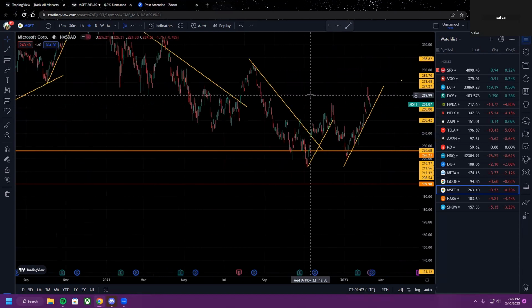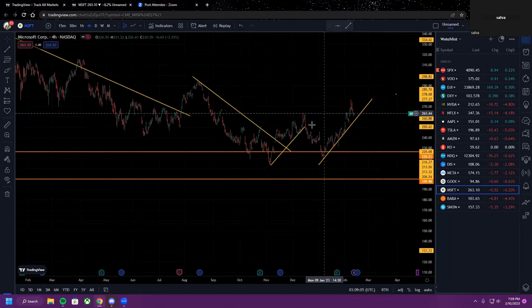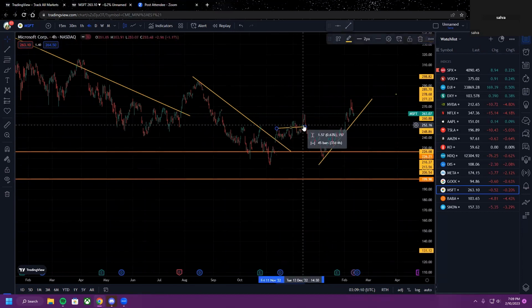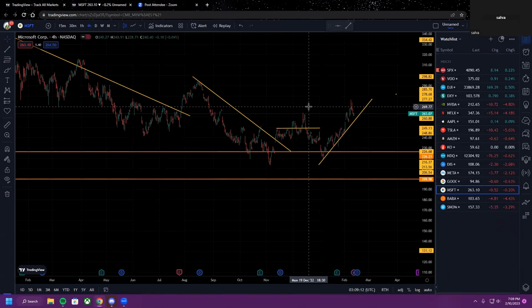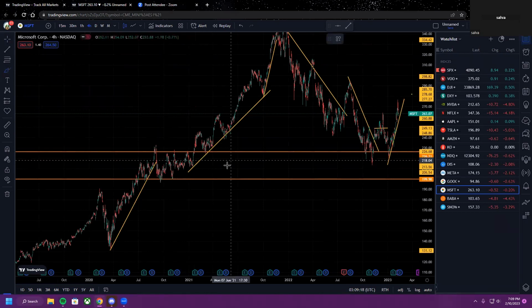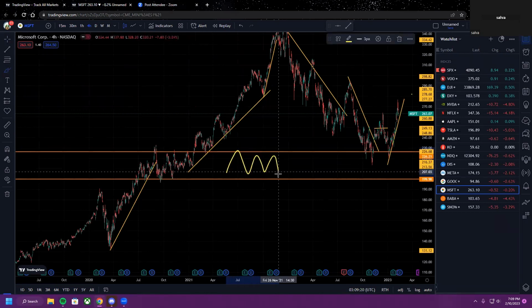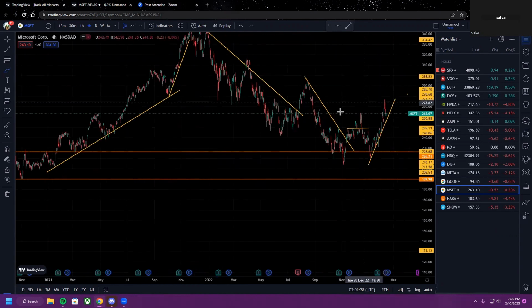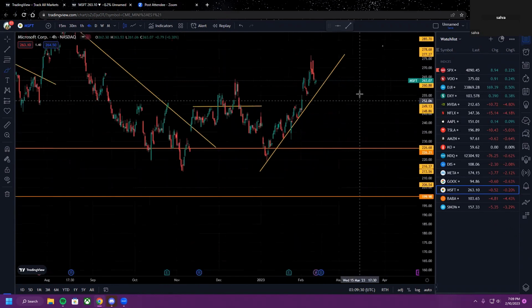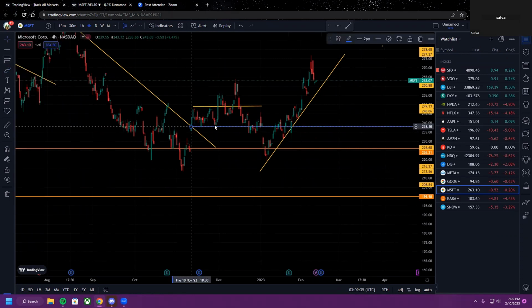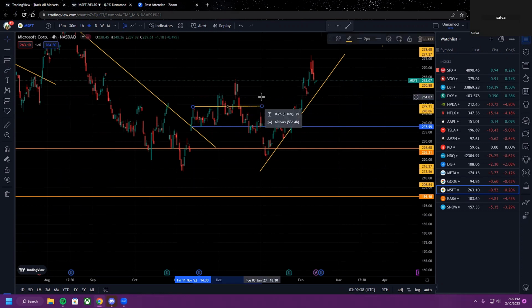So why wouldn't this be a consolidation, right? The reason is, look, consolidation has to have two zones. A consolidation has to be in between two lines. So right here, this was perfect. We were literally bouncing between, right here. If it was consolidation, our bottom line would be right here, so our top line and bottom line.